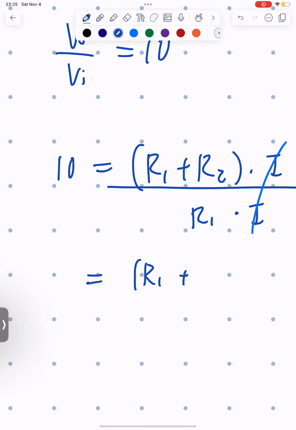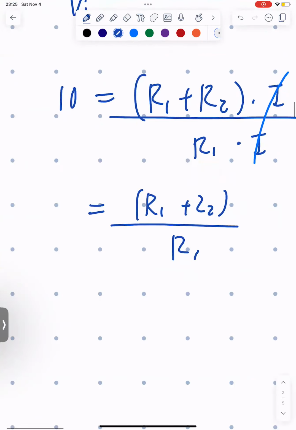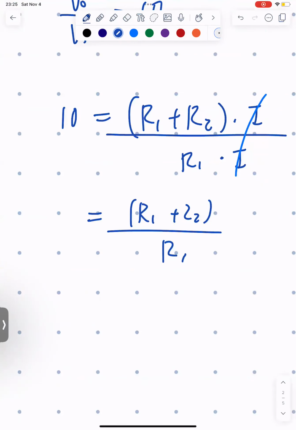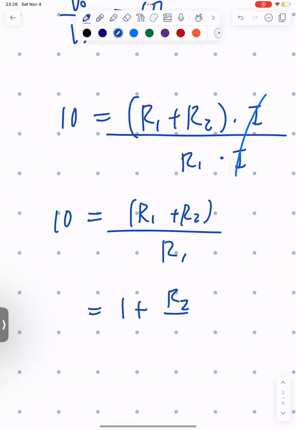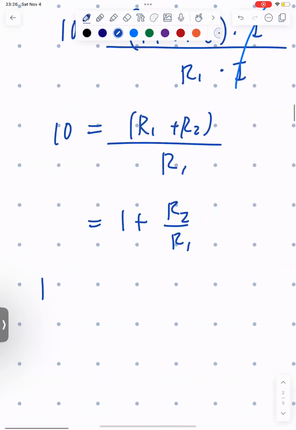There are definitely more than one resistor values, pretty much infinitely many, that will achieve this. But in our case, we just need any resistor values for R1 and R2 that will satisfy this equation. We can also simplify this so that it makes the next step easier: R2 over R1 equals 9.